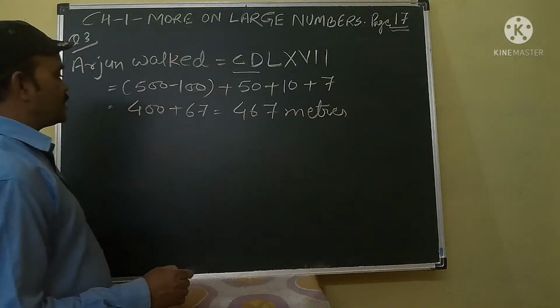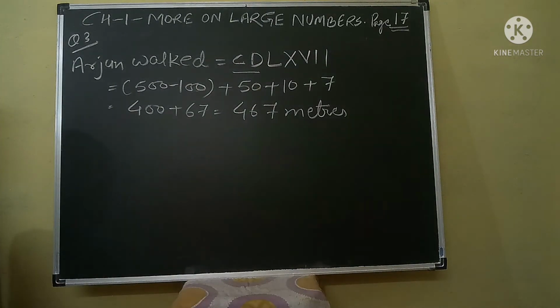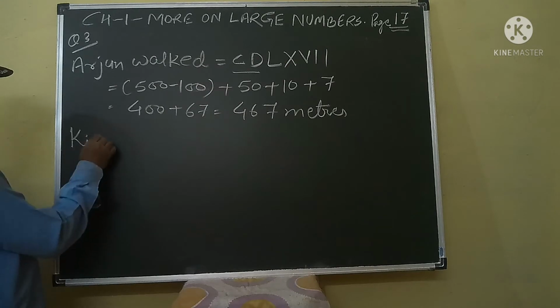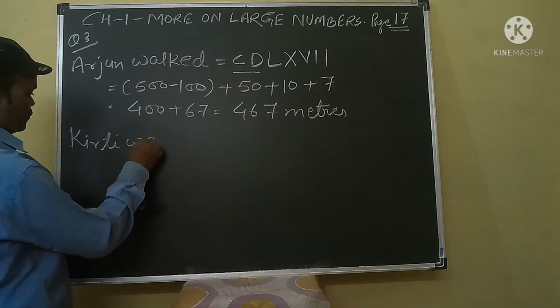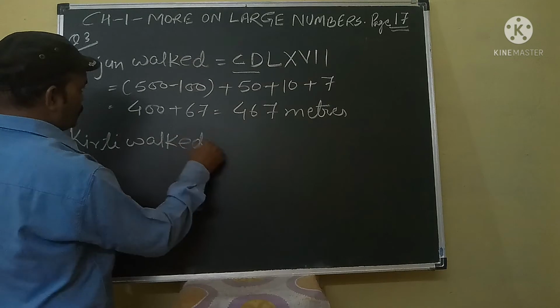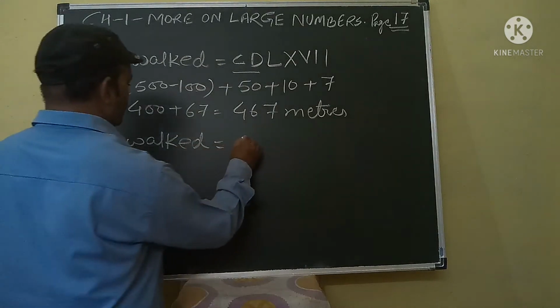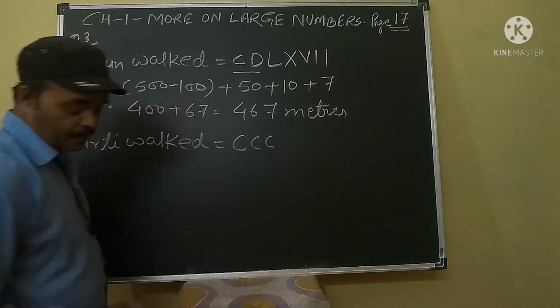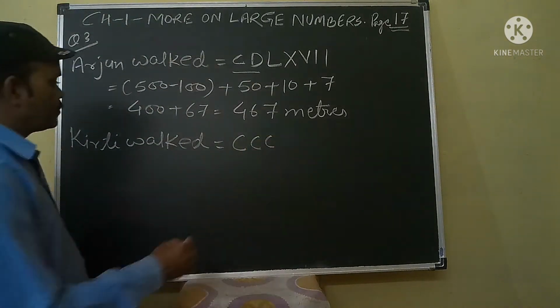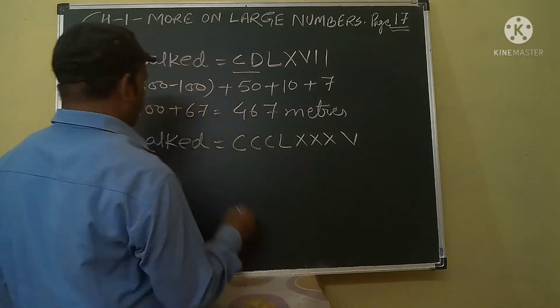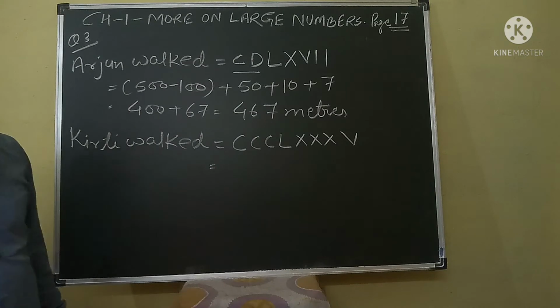Arjun walked 467 meters. Now let us discuss how many meters Kirti walked. Kirti walked CCCLXXV. Now look here.